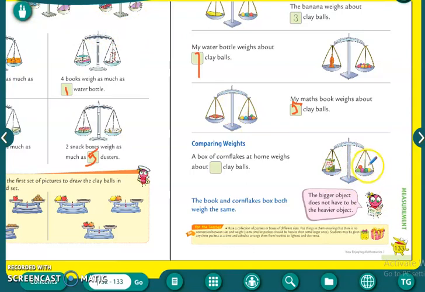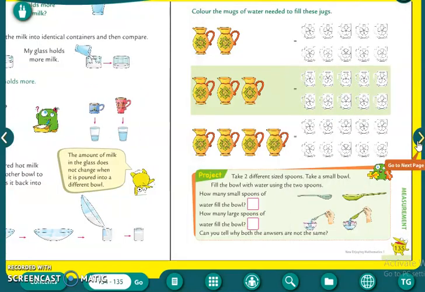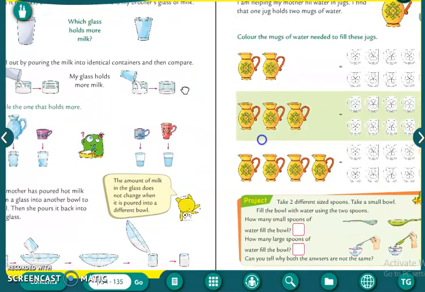Count how many clay balls are there? 1, 2, 3, 4 and 5. So write over here 5. So 2 things are given and we have to compare that one thing is equal to how many of the other, the clay balls.